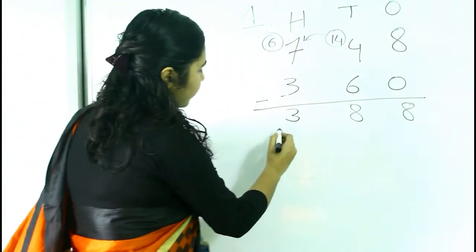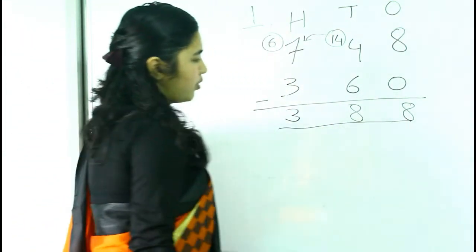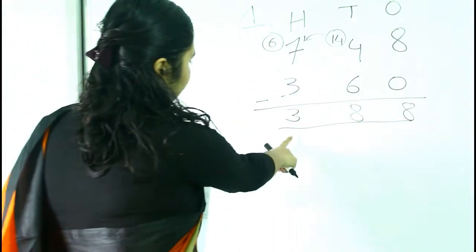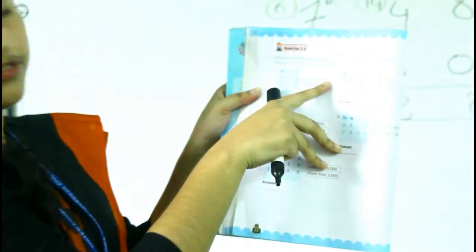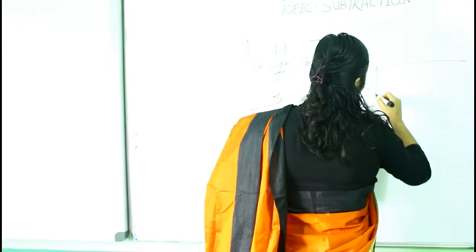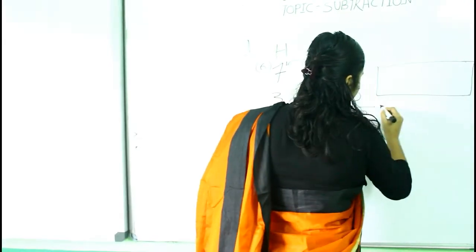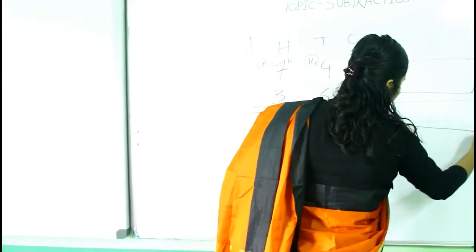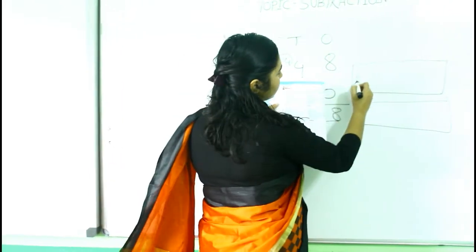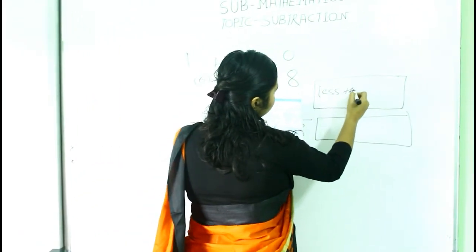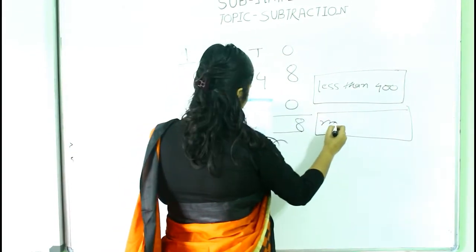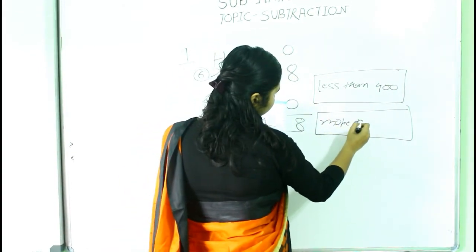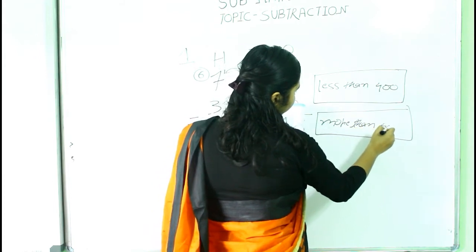Now 388. We know that 388 is smaller than, that means less than 400. So here we have two options: the first one is less than 400 and the second is more than 400.